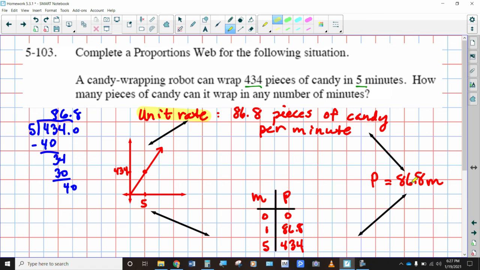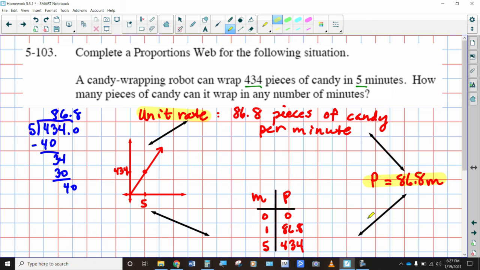Then that can be expressed as an equation where you take the number of minutes and multiply it times the unit rate, and that will give you the total number of pieces of candy that have been wrapped, right? So if we took 5 times 86.8, that would tell us 434 pieces were wrapped in 5 minutes. So you've got the two variables and the unit rate.